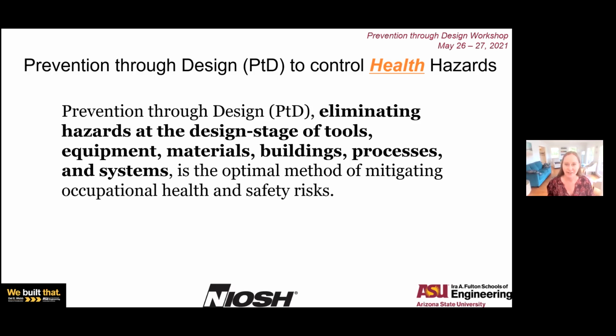Also, though, materials that are used in construction, those materials engineers who are designing them, when they design materials for construction, they can apply prevention through design to eliminate or reduce the hazards associated with the materials. Same thing with processes and systems. So how the work is being performed. We can design or redesign the work systems and work processes to eliminate or reduce the risks and hazards.